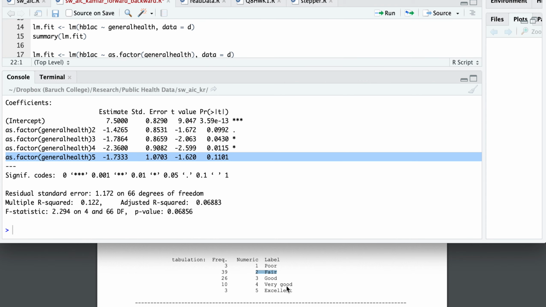That might be counterintuitive, but remember, this is self-reported. Maybe those who see themselves as having excellent health are just too optimistic, or maybe when you say excellent, there is no doubt, and then that statement becomes questionable, because how can you be so sure that it's all excellent? Maybe you're in denial.